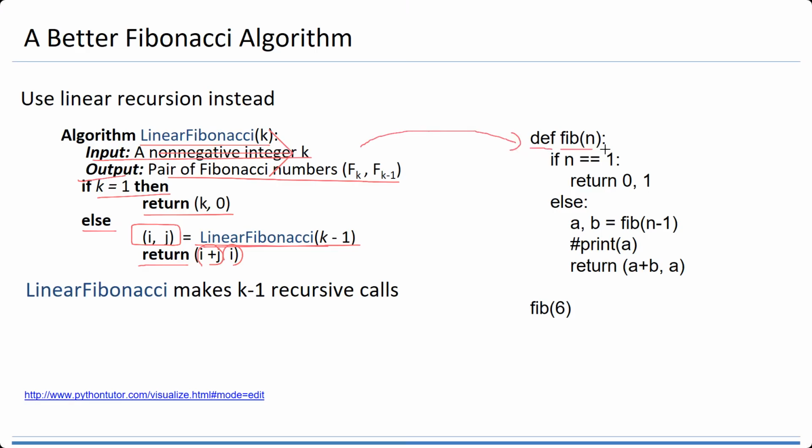We can define the Fibonacci function, and if n equals 1, let's return 0, 1. So if I have only one number, at least the numbers that I can print are 0 and 1. Otherwise, let's assign a and b equal to the Fibonacci of n minus 1.